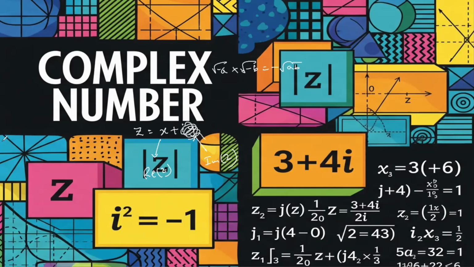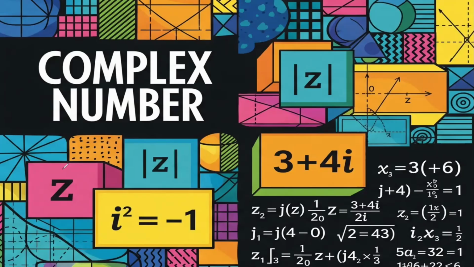Besides, we have learned about the different properties of addition, subtraction, multiplication and division of complex numbers, like closure, commutative and associative properties. Also we have done the additive identity, multiplicative identity, additive inverse and multiplicative inverse.